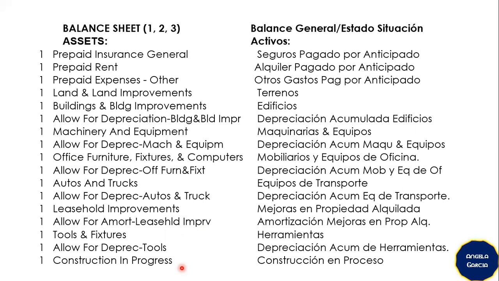For example, when you are buying equipment in the United States that you are importing, you may have an equipment in progress account so that you can charge all the expenses related to the equipment in the same account.